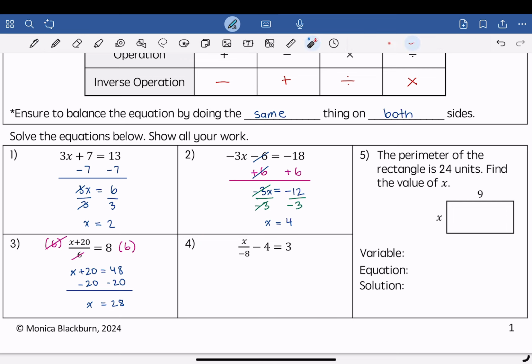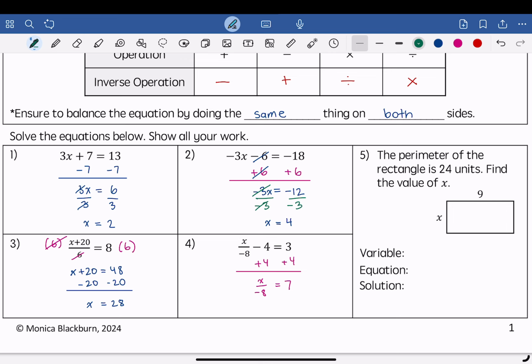We have a constant. We're going to eliminate it by moving it to the other side, balancing the equation, and then we have division, which means we will then multiply. Plus 4. Whatever I do to one side, I have to do to the other. I'm going to rewrite x over negative 8 is equal to 3 plus 4 is 7.